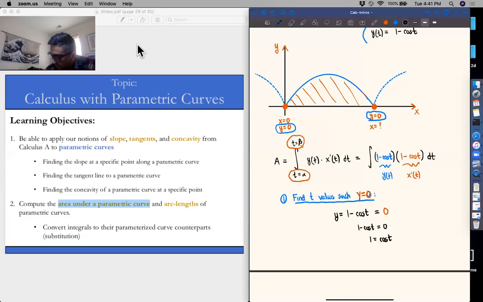Well, let's take a couple looks. So basically we know that cosine is equal to 1 at multiples of 2 pi. So we can actually find that t is equal to 0 will satisfy that equation. t is equal to 2 pi, t is equal to 4 pi, t is equal to 6 pi, and so on and so forth.